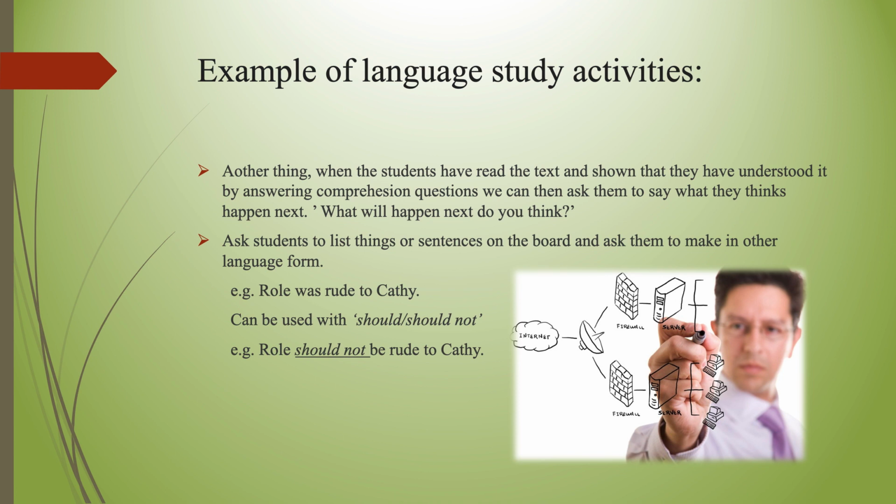So this one, the teacher wants the students to change the form of the sentence by using should or should not. So they can make a new sentence, for example, roll should not be rooted to coffee. So they learn to make new sentences here.